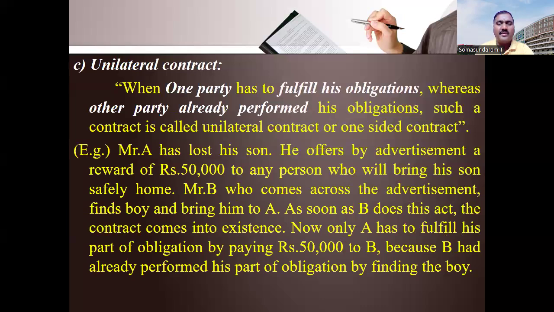So he has given a commitment from his side. He had given an offer, and it has been published and advertised. His part is over. Now, if anybody finds his son and hands him over, then he has to pay 50,000 to that particular person. So one party has fulfilled, the other party is yet to perform. That is unilateral contract.